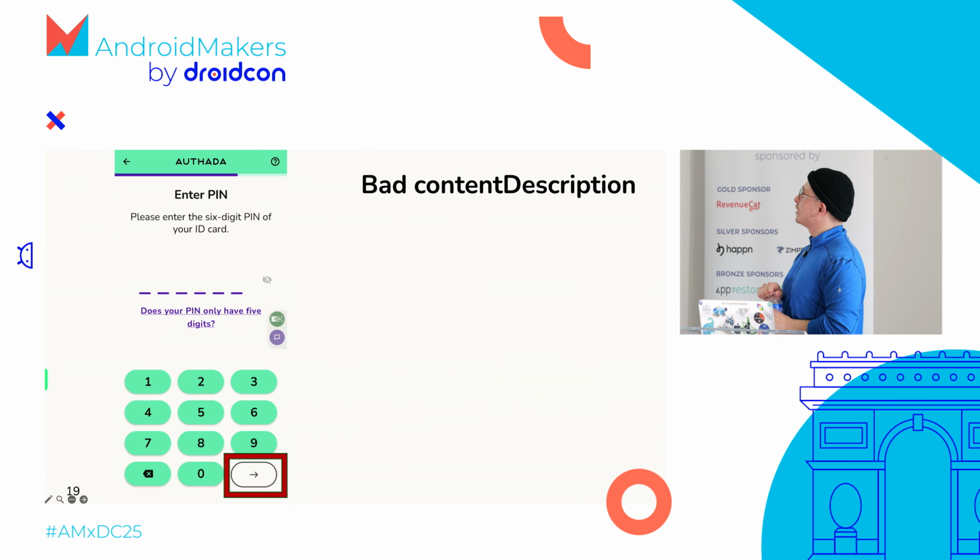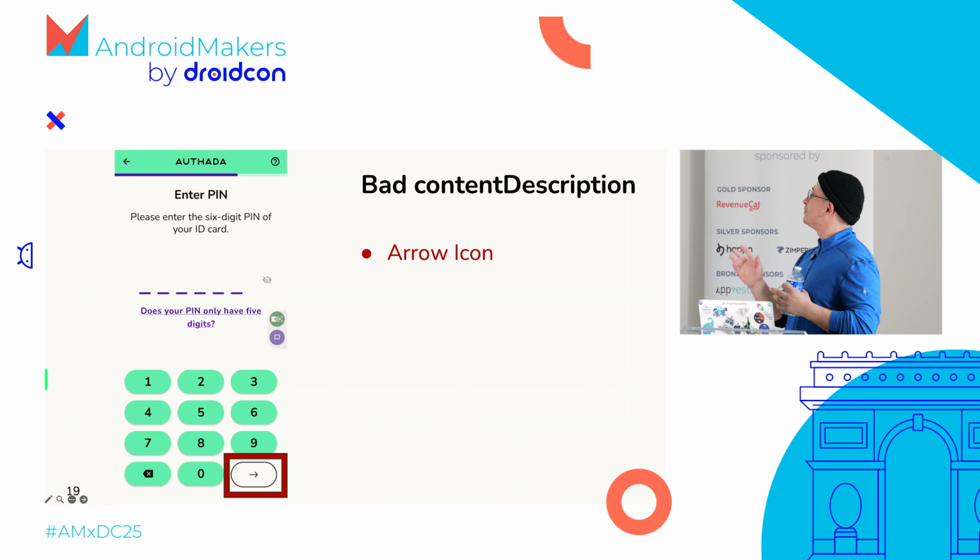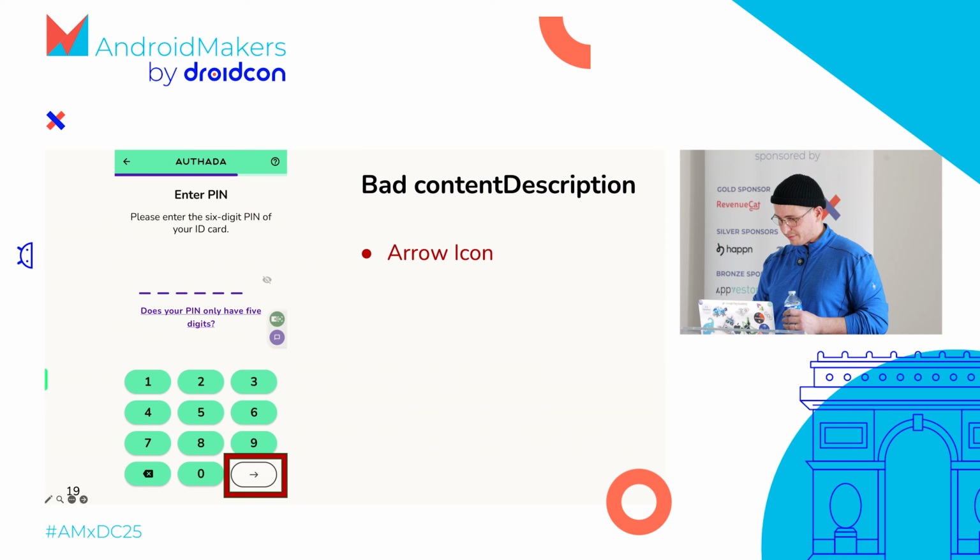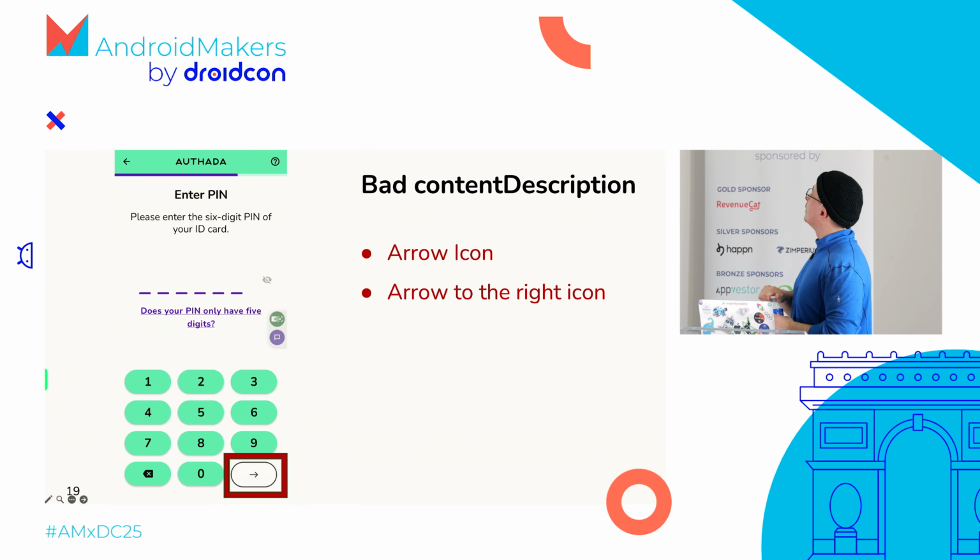But if we want to have content descriptions for a person who cannot see, who has to perceive what should happen, I cannot stress enough how many times I've seen content descriptions on images that look like this: arrow icon. Maybe someone then comes up and says, actually, we have 2 arrow icons, a back one and a forward one, so let's be more specific and say arrow to the right icon.